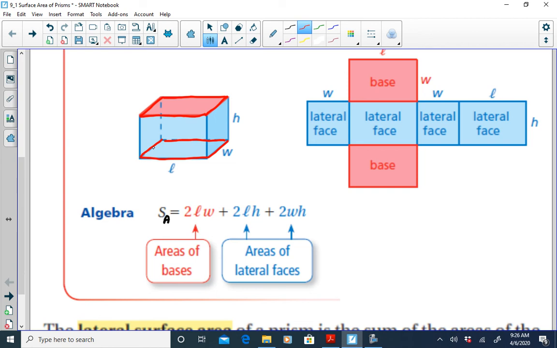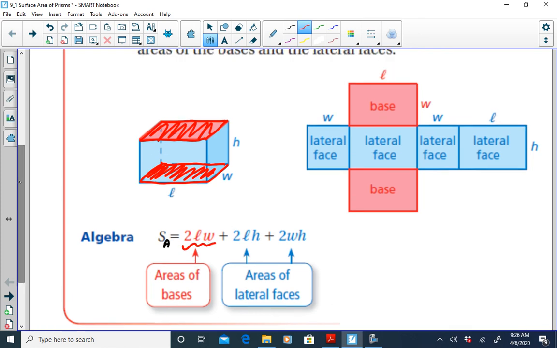But if we have the prism sitting here, then this is the base, this is the length, this is the width. Because we're looking for the surface area, we need two of these areas. So I need this area here, which I'm going to shade in, plus this area here. And that's what the first part of this formula represents: 2 times the length times width.